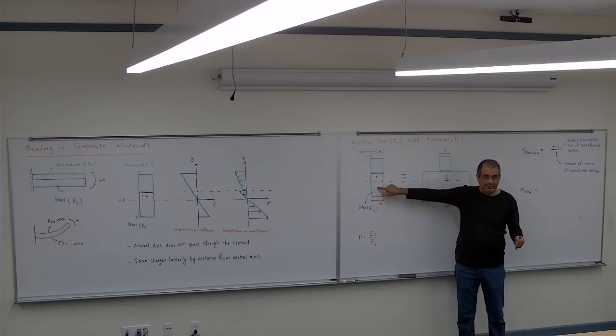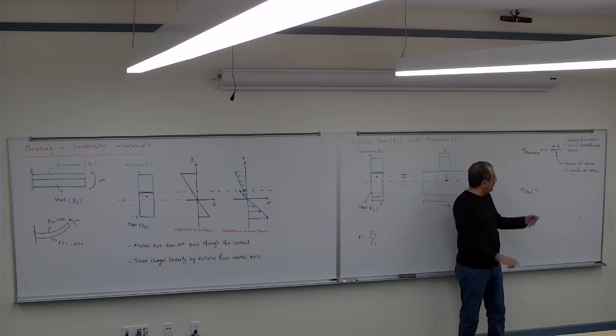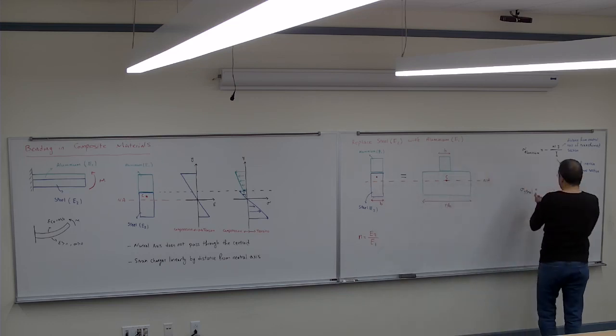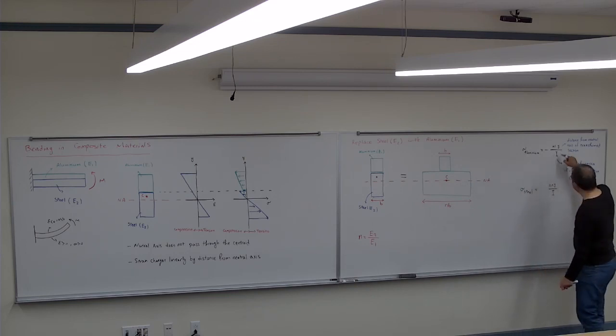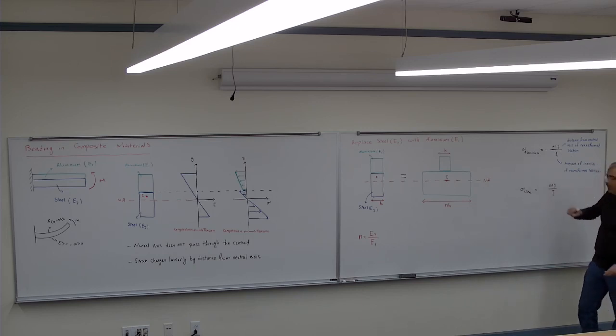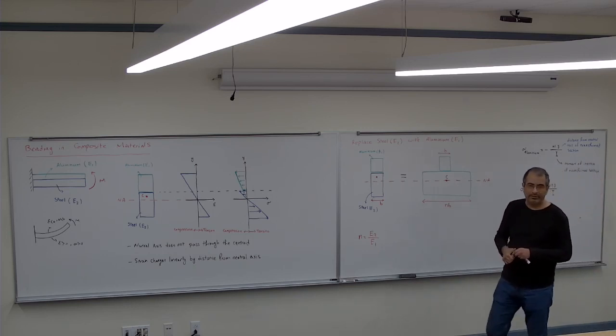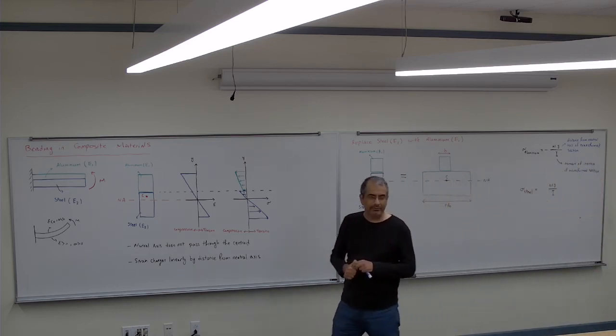You got that? Whatever I calculate here, if I go there and say, okay, it's gonna be My/I, whatever I calculated, I have to multiply it by n.